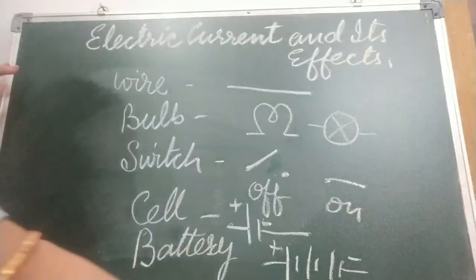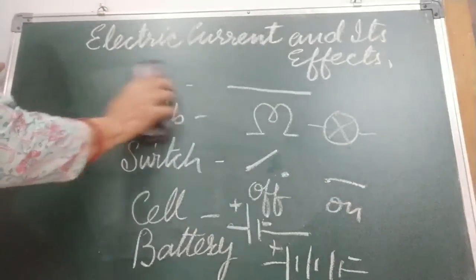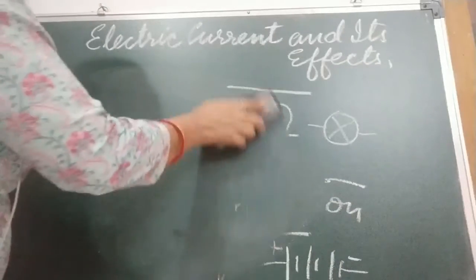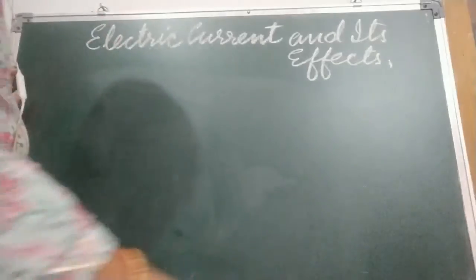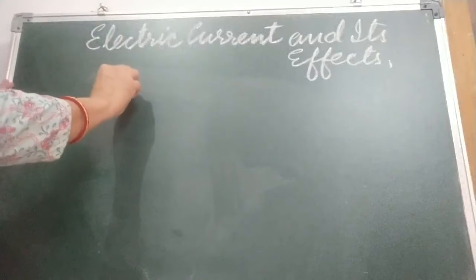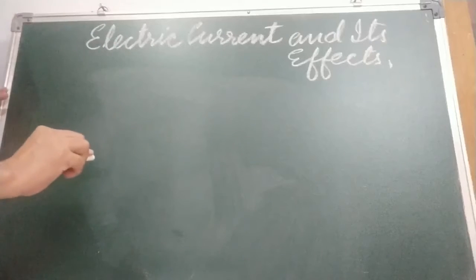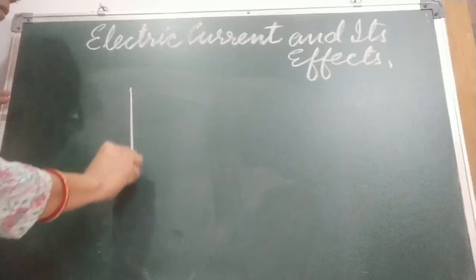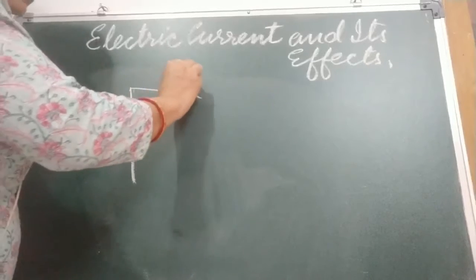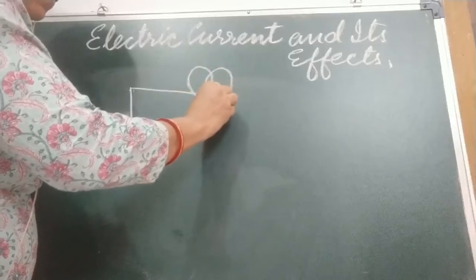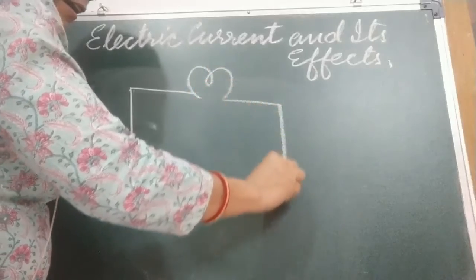Okay children, now I am going to show you circuit diagram. Last year you had drawn it and you remember that also. Whenever we draw circuit diagram, suppose we are lighting the bulb, these straight lines are wires. This is bulb, wire.